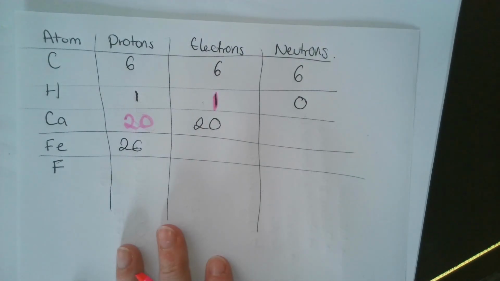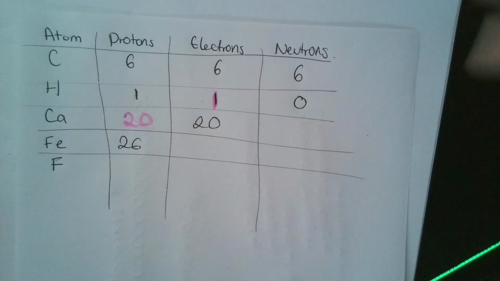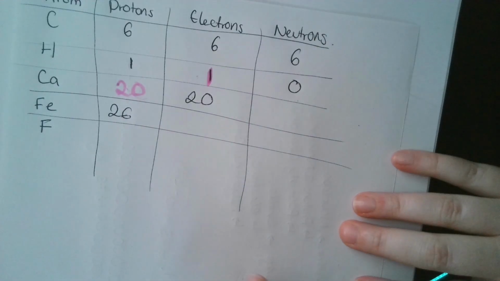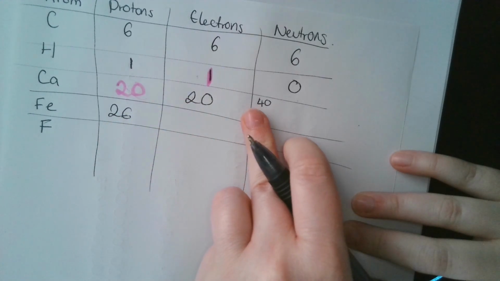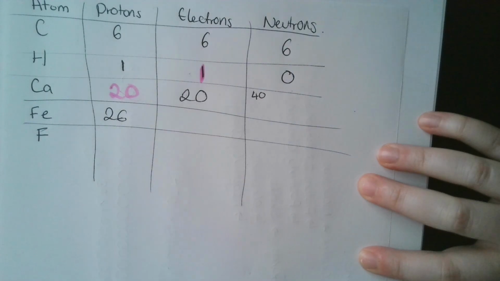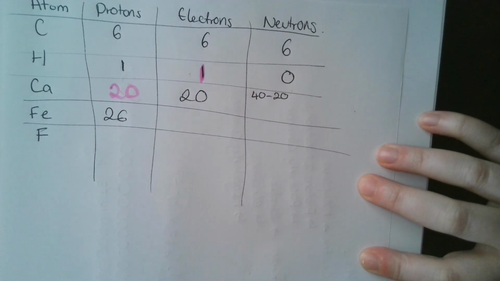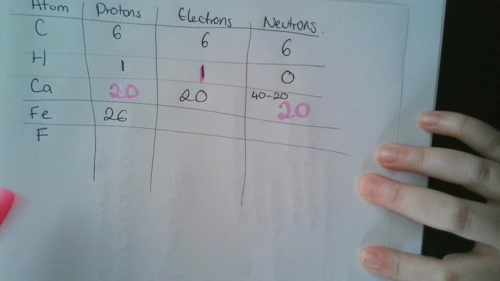So for calcium, its mass number is 40. And we're going to take away its atomic number. So our answer should be 20 neutrons.